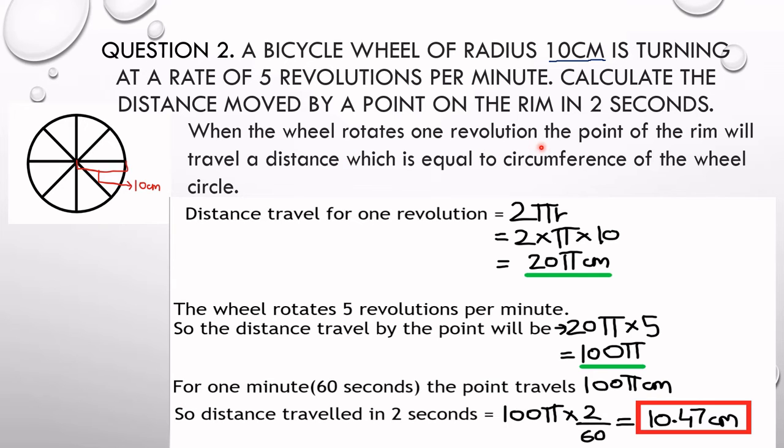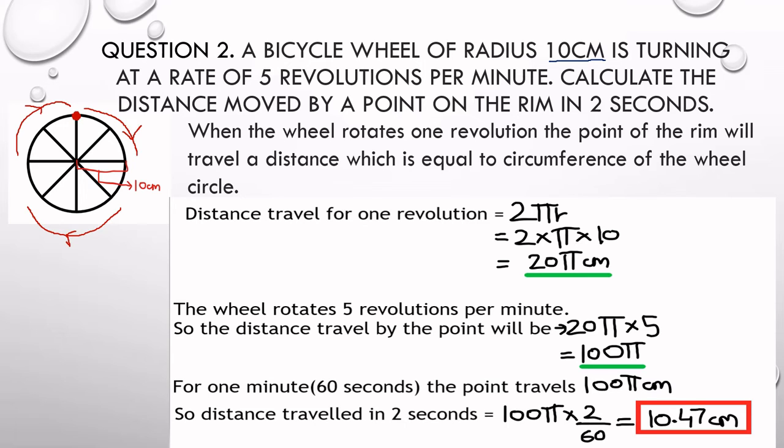When the wheel rotates one revolution, the point on the rim will travel a distance equal to the circumference of the circle, or the wheel, you see. I'll show you this also. Maybe this is the start point. It goes around, it goes around, it comes back to this point.